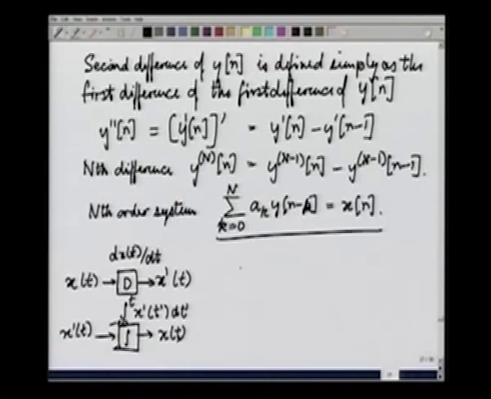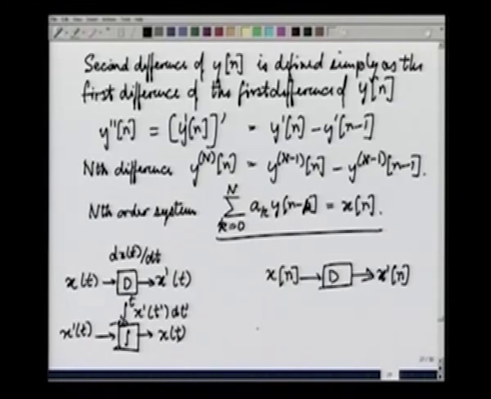Now, let us see what happens in the discrete case. In the discrete case, you have x n and you apply the first difference, which we again denote by a block with a d written inside, to get x dash n.